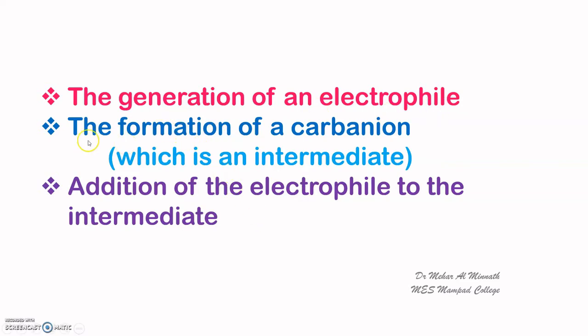So this formation of the carbanion is the rate determining step. Now, what are the evidences for this proposed mechanism? It is a 2-step mechanism, with the rate determined only by the substrate concentration.